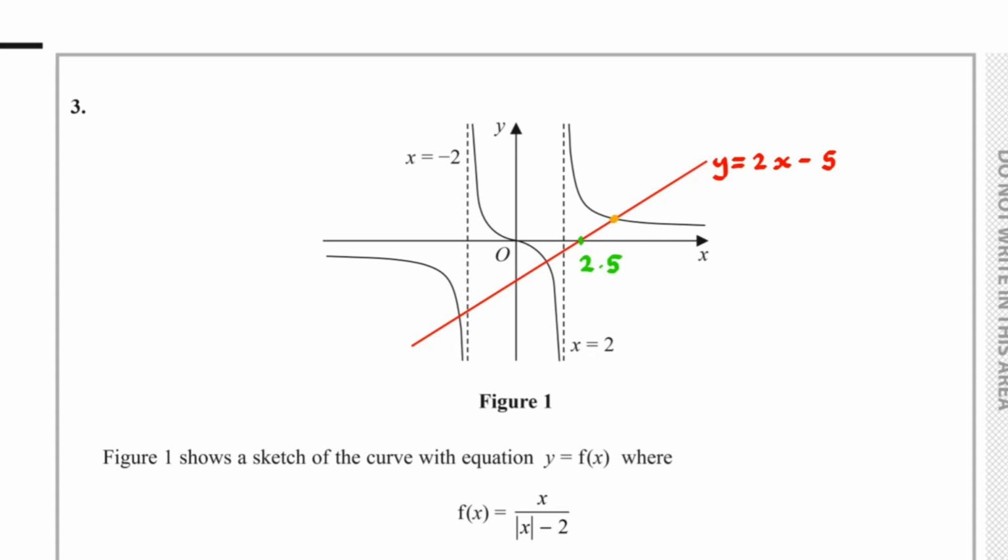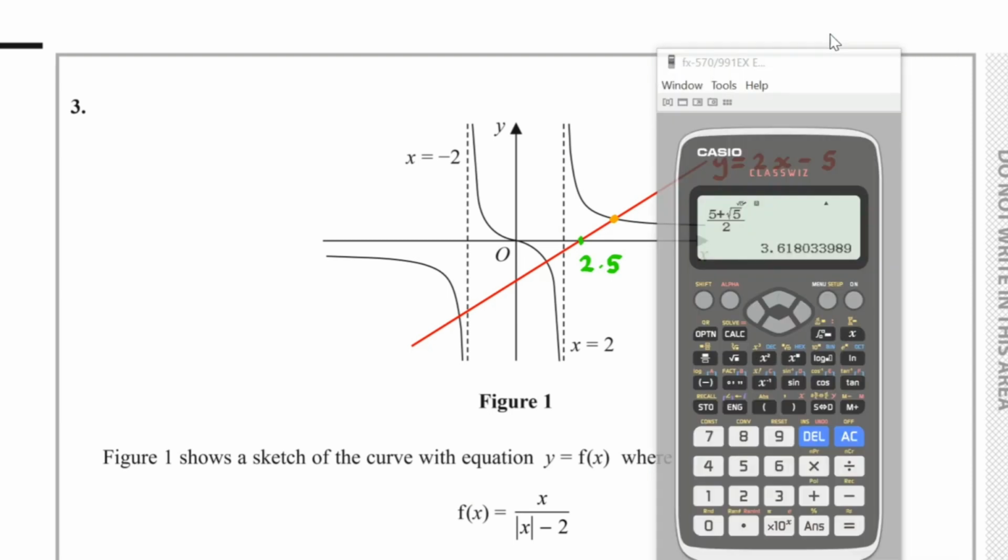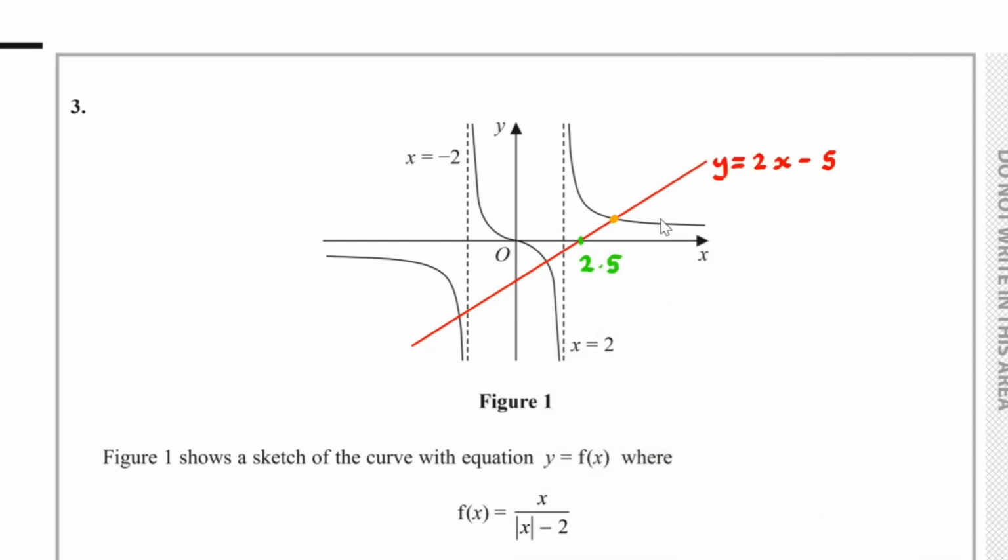Well, that value, if I consider the 5 plus square root 5 over 2, that's equal to 3.61, etc., just above the 2.5. So the value here would correspond to 5 plus root 5 over 2.